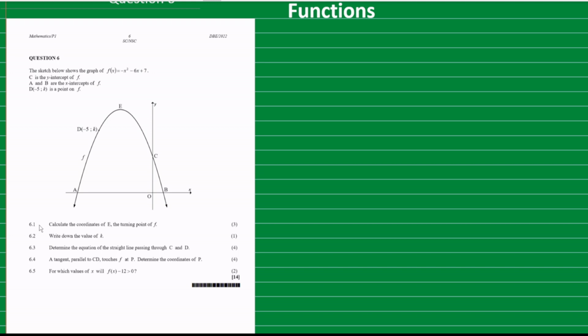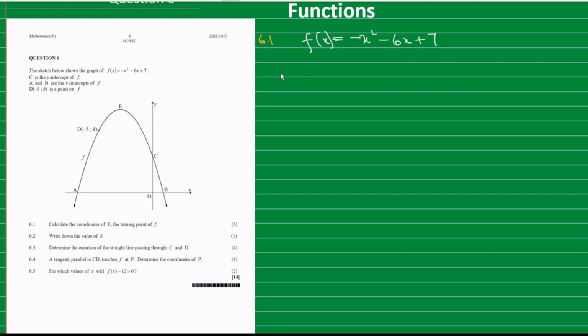That is 6.1. So we know that this is a quadratic function or a parabola. We are given that f of x is equal to negative x squared minus 6x plus 7.